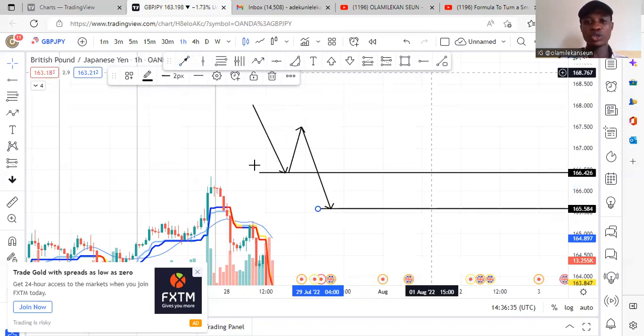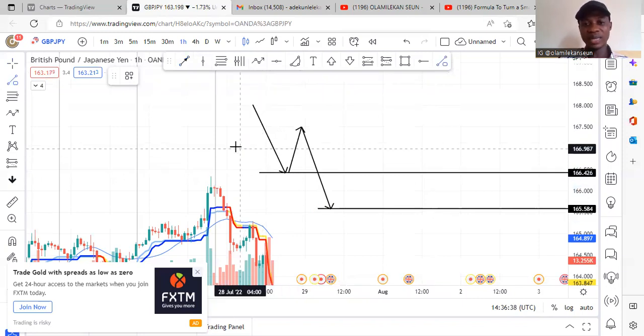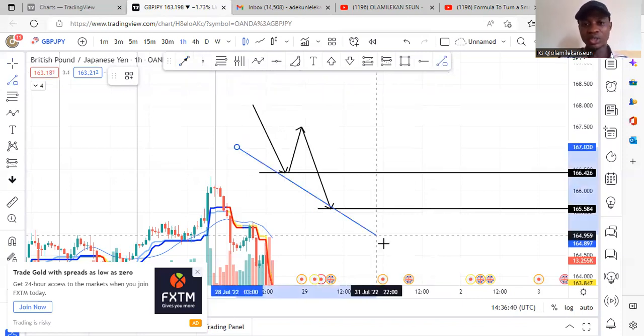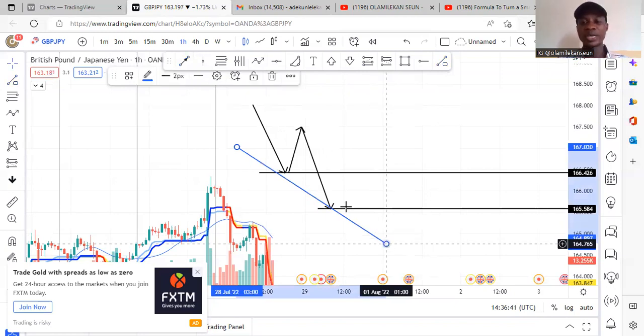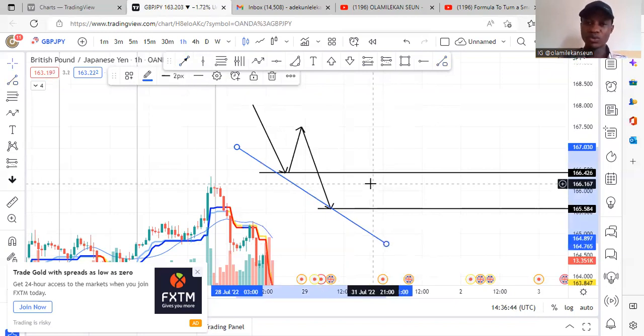If you put your trend line, you will understand that the market is creating a downtrend movement.